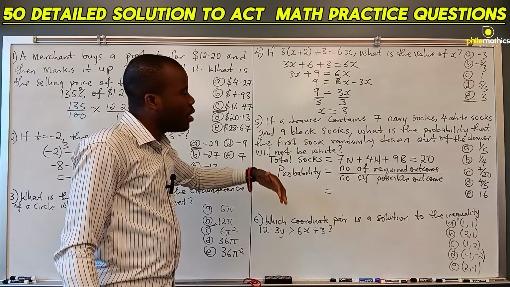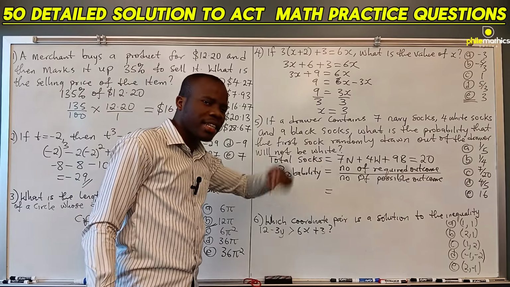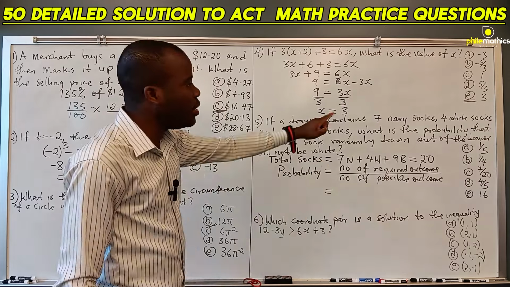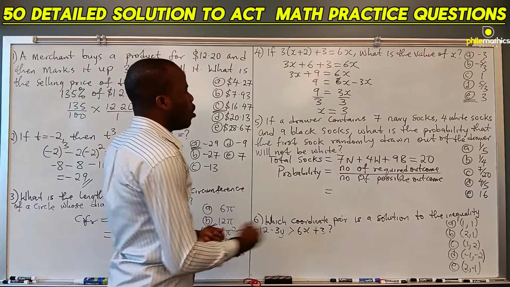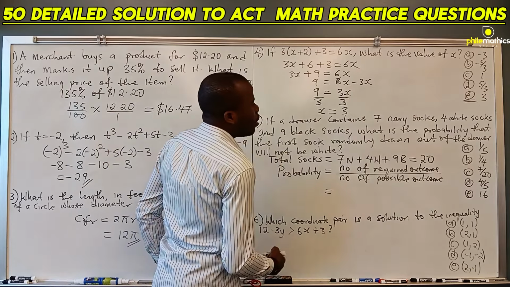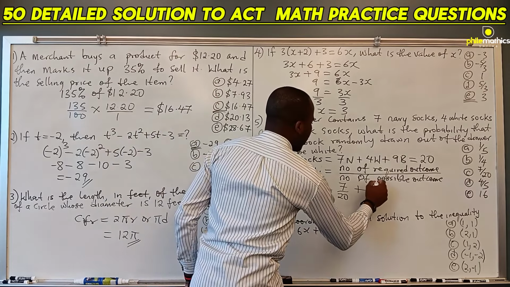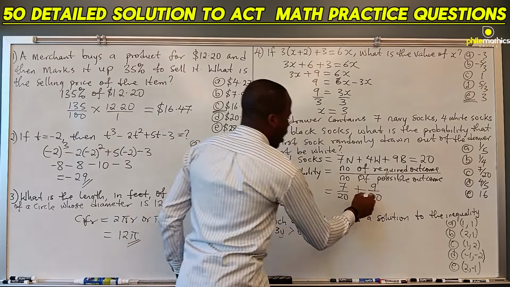It implies, what's the probability that the first sock drawn at random is either navy or black? That's the same thing. So we can calculate the probability of picking either navy or black, which is also not white. The probability of picking a navy sock will be 7/20, or the probability of picking a black sock will be 9/20, and the LCM is 20.